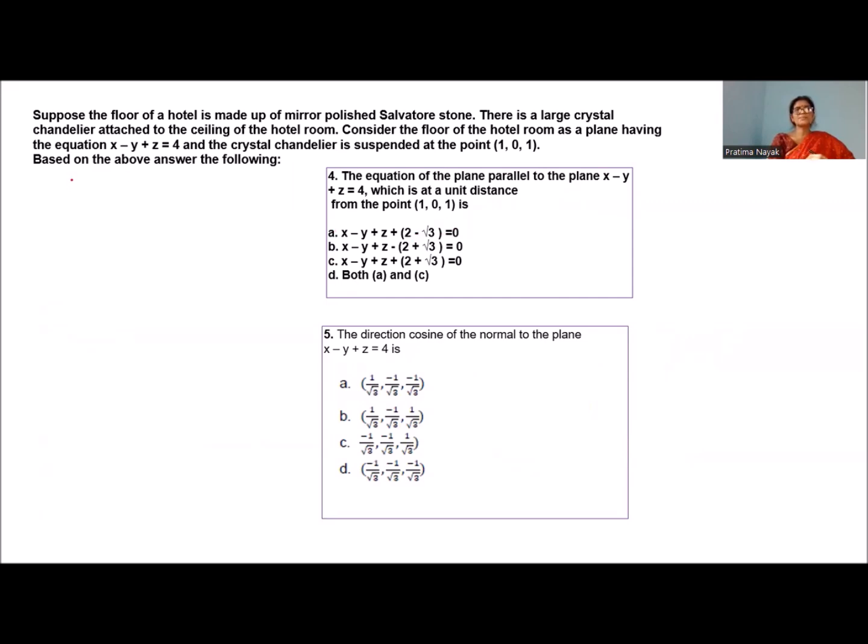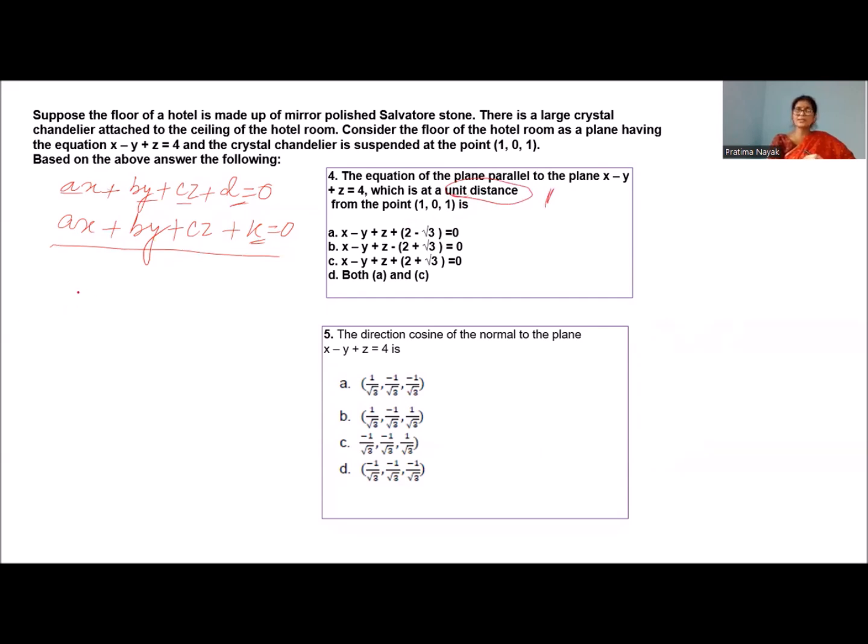So any plane parallel to a given plane is always ax plus by plus cz plus k is equal to 0. So the direction ratio of the normal remains the same; only the distance from the origin changes, so it will be k. Here this plane is at a distance of 1 unit from this point, so we can get the value of k.